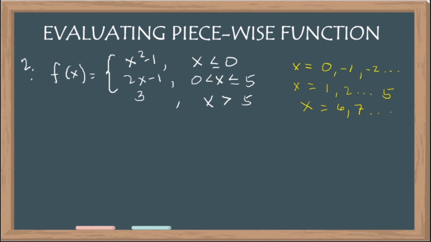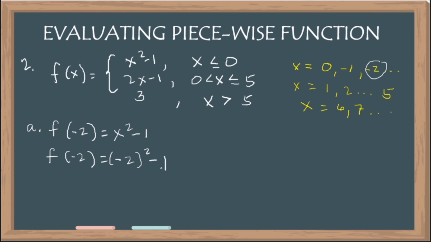Okay? So, let's have, for example, letter A, pinapahanap sa atin ay f of negative 2. So, ano ang gagamitin nating function? Ito yun, negative 2. Nandito yan sa less than or equal to 0. So, ito yung function na gagamitin natin. X squared minus 1. So, f of negative 2 is equal to, papalitan natin si x, negative 2 squared minus 1.